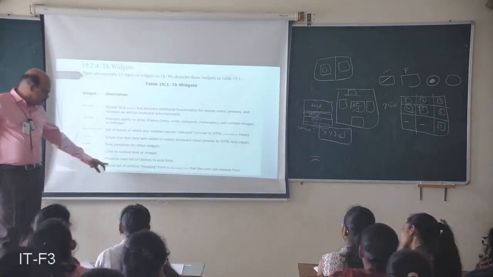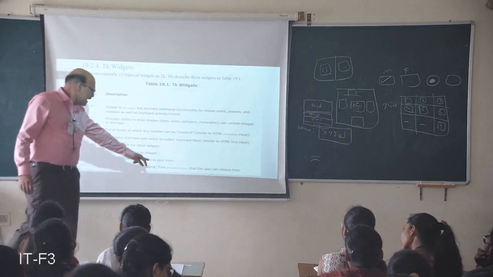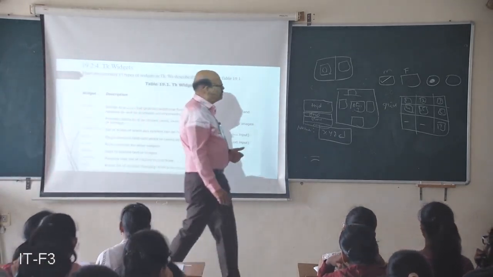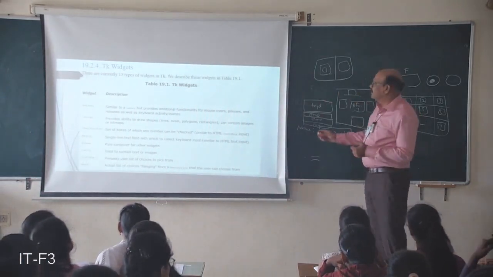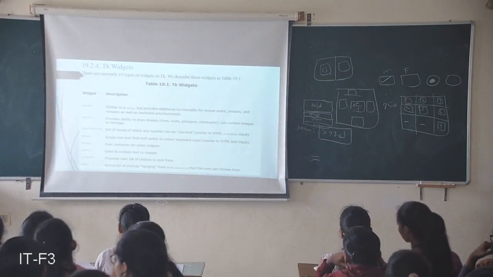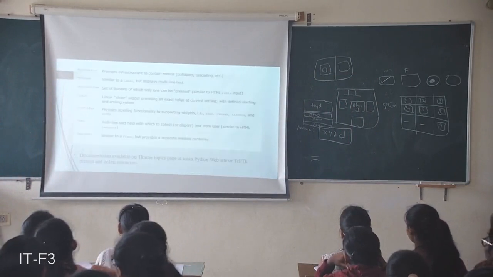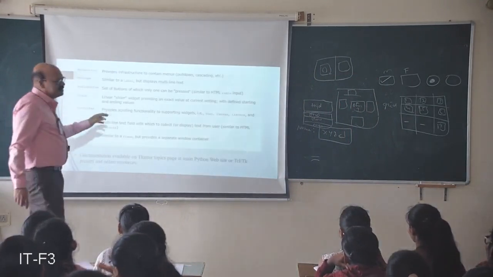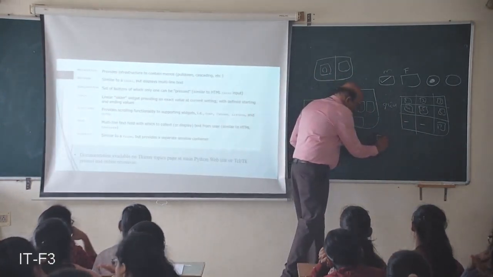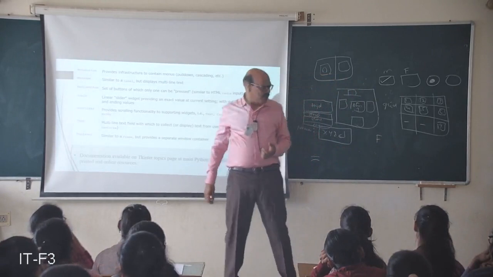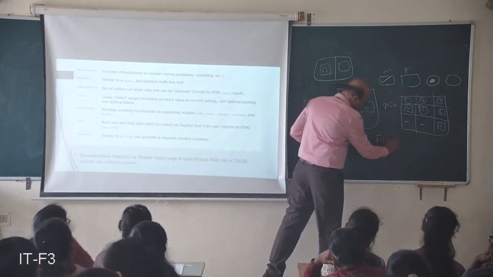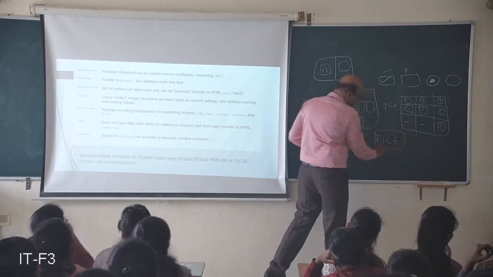So menu. A menu is an actual list of choices hanging from a menu button that the user can choose from. I think we are all well versed with this menu, and next one is menu item. Both of them are interrelated. So menu and menu button. What is this menu button? For example, when you open MS Word or something like that, the first option that you can see is File.